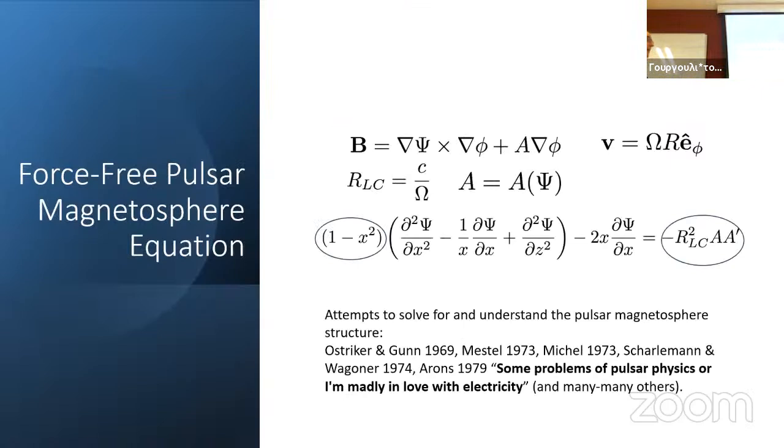Now, going one step further and expressing the system for an axisymmetric configuration, we can write the magnetic field in terms of two scalar functions. Psi is the poloidal flux, and A is essentially something related to the toroidal field, or if you want, is the poloidal current that moves on the field lines.